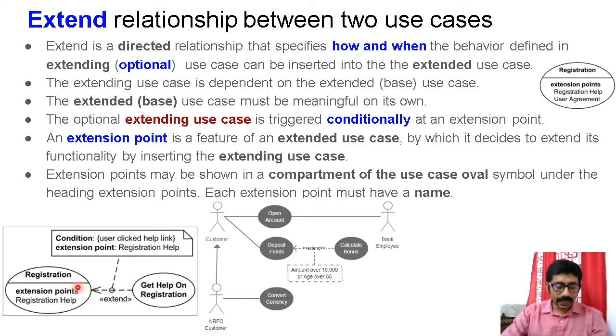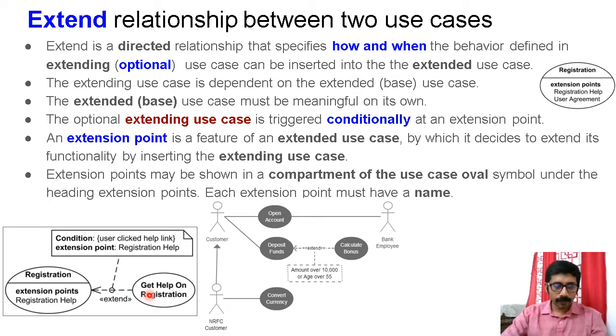Let us consider this example. Here, registration and get help, these two are actually having the extend relationship. Here, registration is extending its functionality by using the get help use case. So, registration is the extended use case and get help is the extending use case.